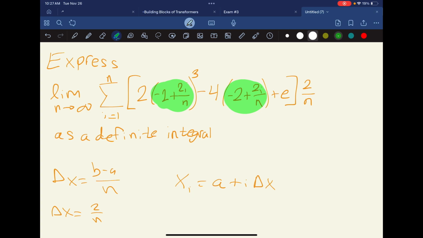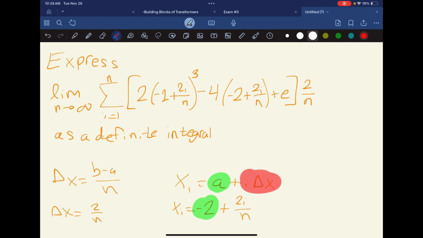And again, it's always like a constant plus something times i divided by something times n. So in this case, that's going to be negative 2 plus 2i over n. And our a is going to be negative 2. And our i times delta x is going to be 2i over n.